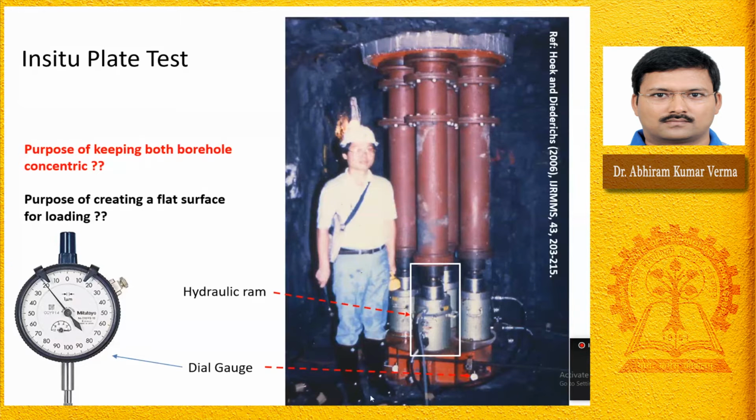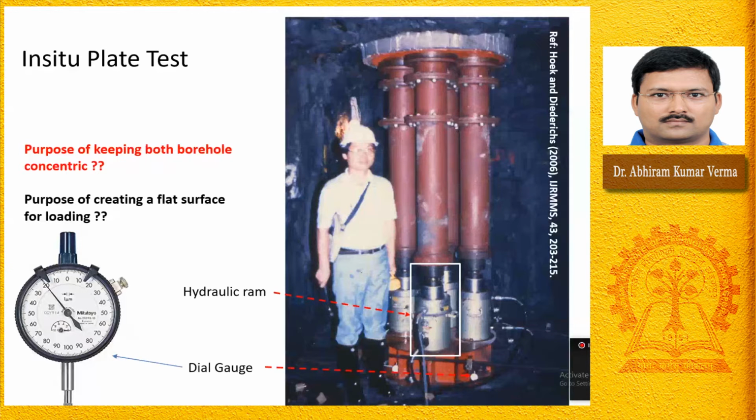So we can measure the deformation of these plates, and you know the least count of this dial gauge is 10 to the power minus 6 meter. The least count is very fine for this dial gauge, and we can measure a very minute deformation which is occurring because of this pressure.